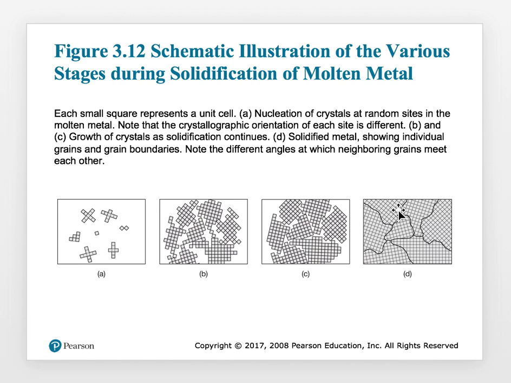So this is one grain, this is another grain, this is the third grain, and you will also see that the average size might be similar, but the exact size of this block of atoms or the grain is different from the size of this block of atoms. So they are all at different angles where those grains will meet with each other.